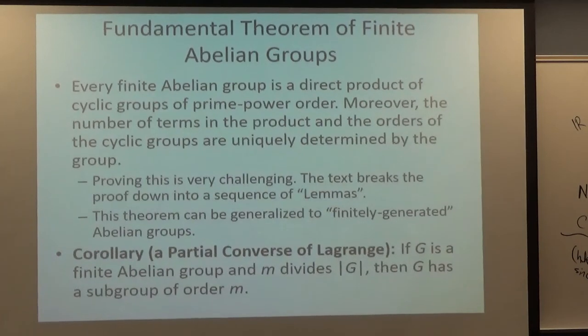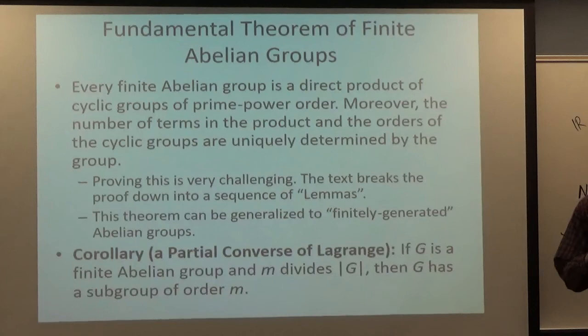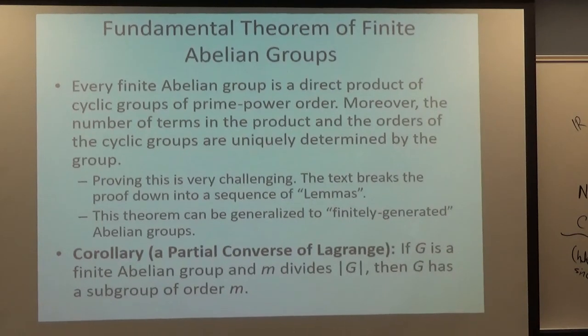And from this you can also prove a corollary that is really a partial converse of Lagrange's theorem. It's a full converse of Lagrange's theorem in the case where the group is finite, excuse me, finite abelian. If G is a finite abelian group, and m divides the order of G, then G has a subgroup of order m.